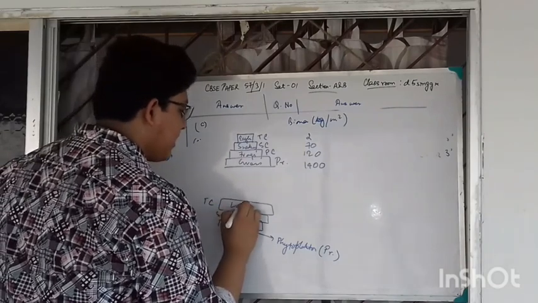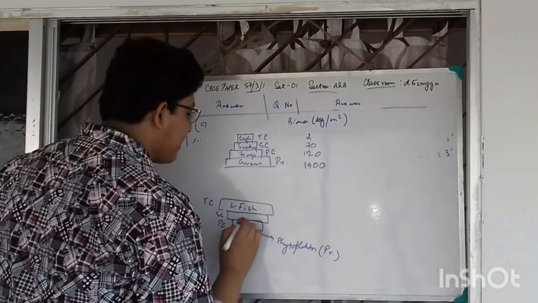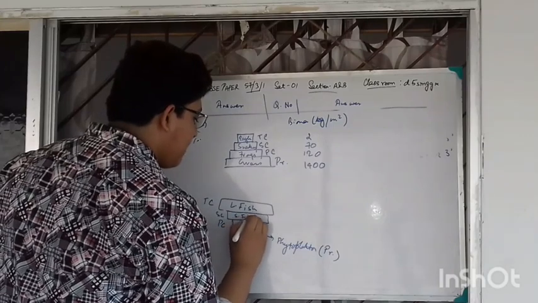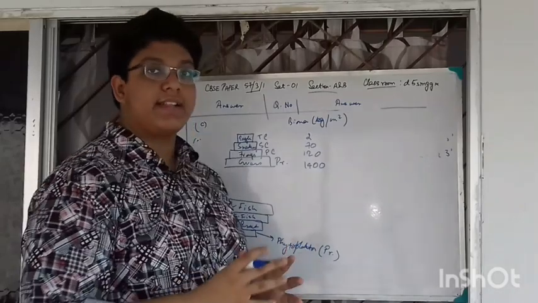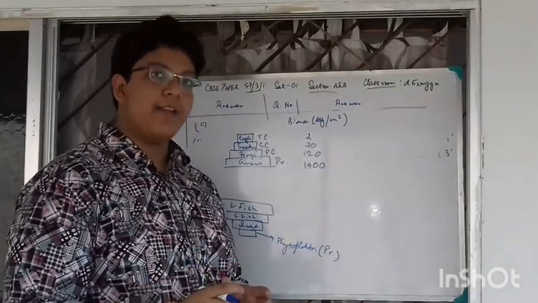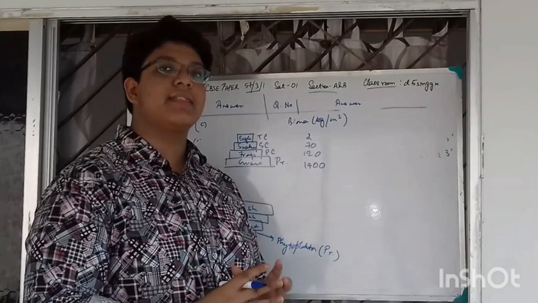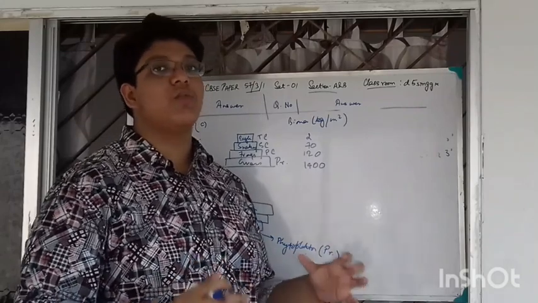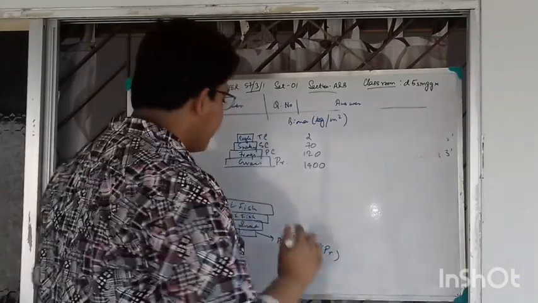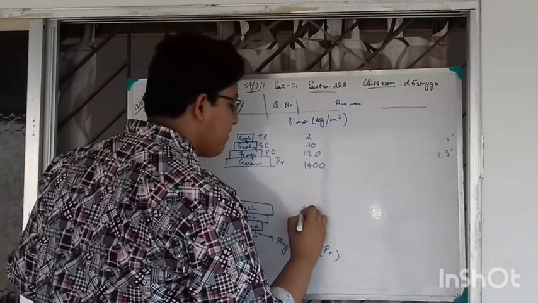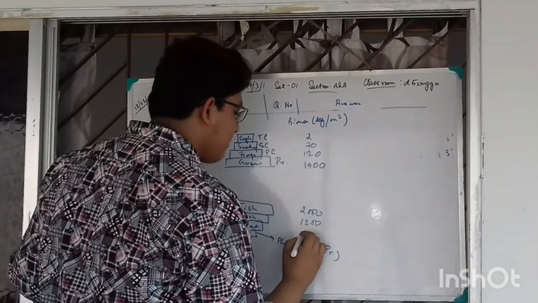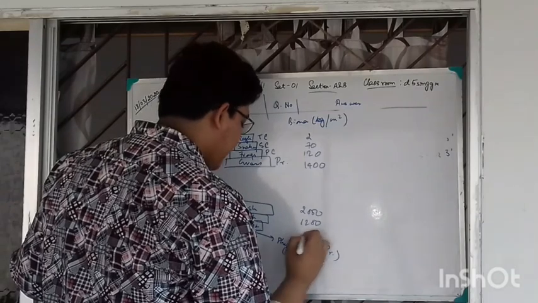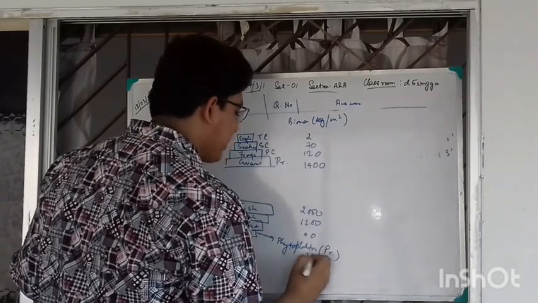Tertiary consumer is large fish, secondary consumer is small fish, while primary consumers are insects. The number of insects might be more, but the total weight of the insects is obviously less than the total weight of the large fishes. So if the large fishes are 2000, small fishes are 1200, insects are only 40, while the phytoplankton are 20 suppose.